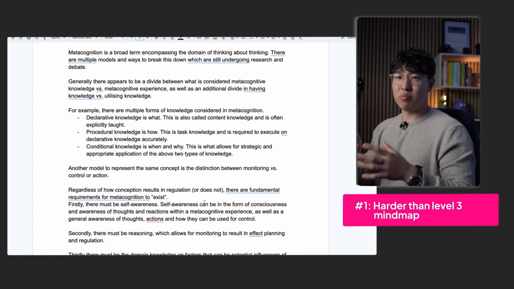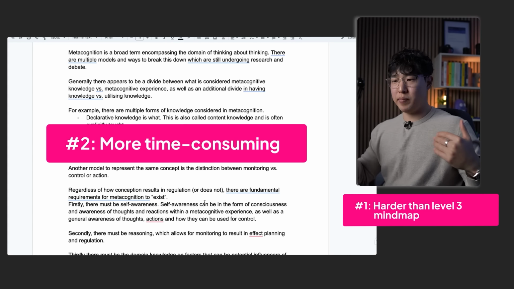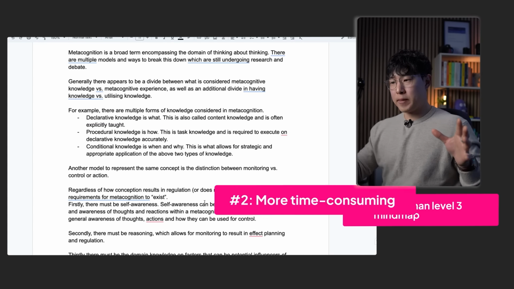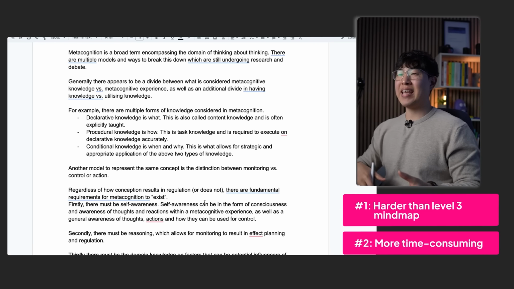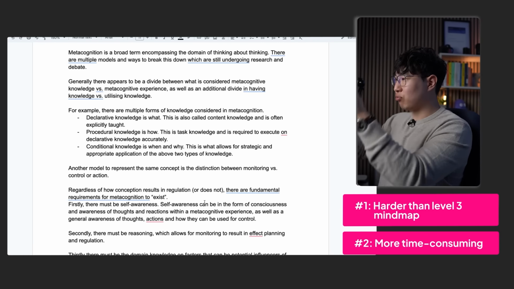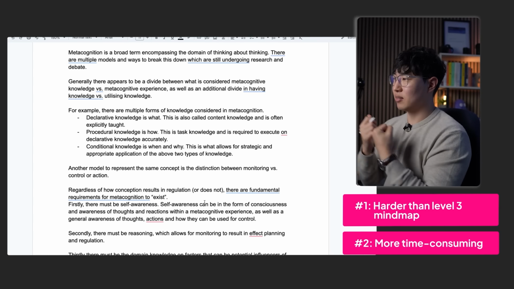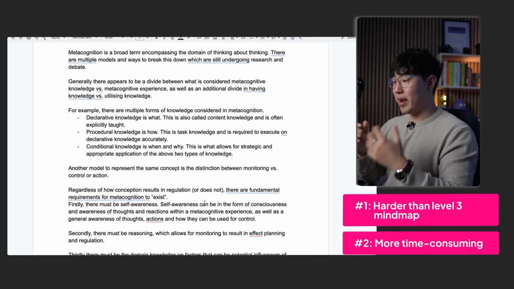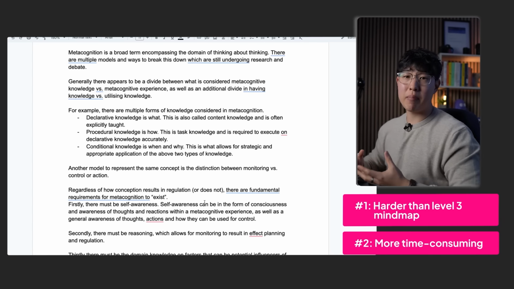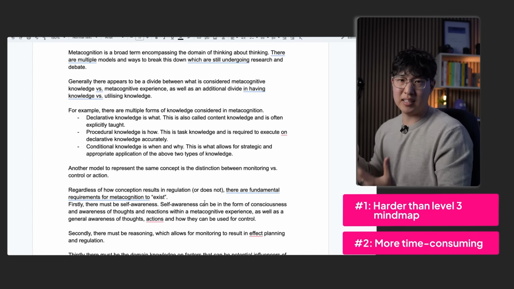It's also probably 2 or 3 times more time consuming overall. Not just when I'm writing the notes, but later when I go to review the notes, I'm forcing myself to have to read through this entire thing all over again to extract the meaning from it. Whereas if I had just the mind map, I can just glance at it to review the structure in seconds or minutes.